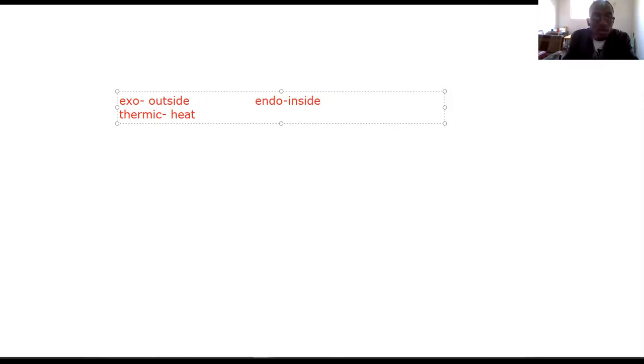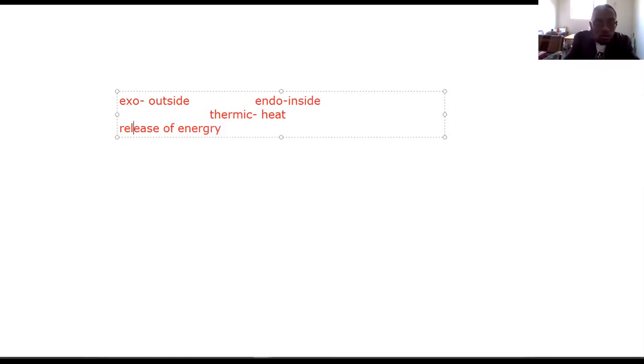Heat is the thermic. Then we said exothermic deals with the release of energy.